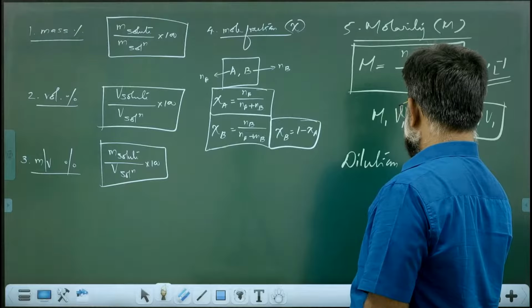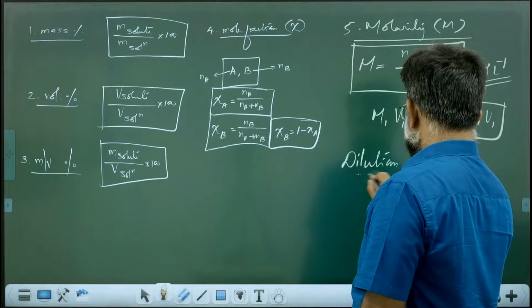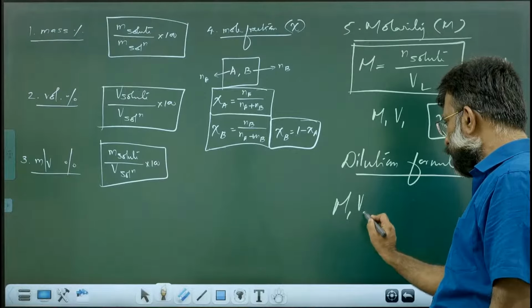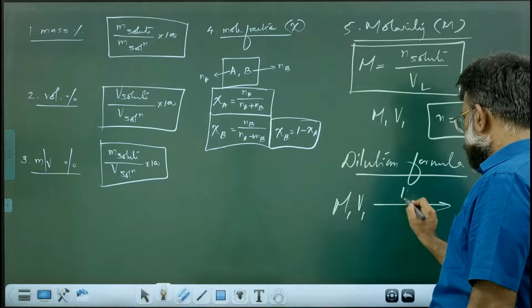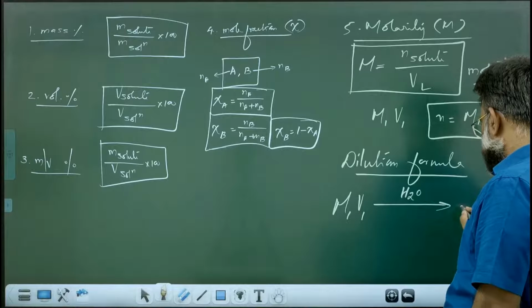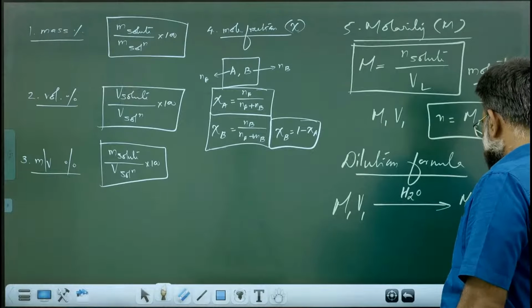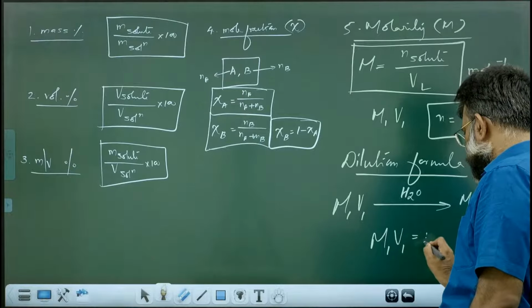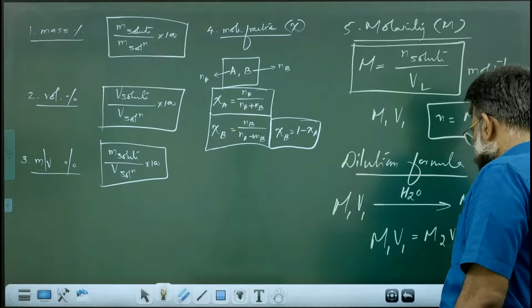Dilution formula. Suppose you are diluting a solution having molarity M1, volume V1. You are diluting by adding water. You get molarity M2, volume V2. What is the dilution formula? M1 V1 is equal to M2 V2.